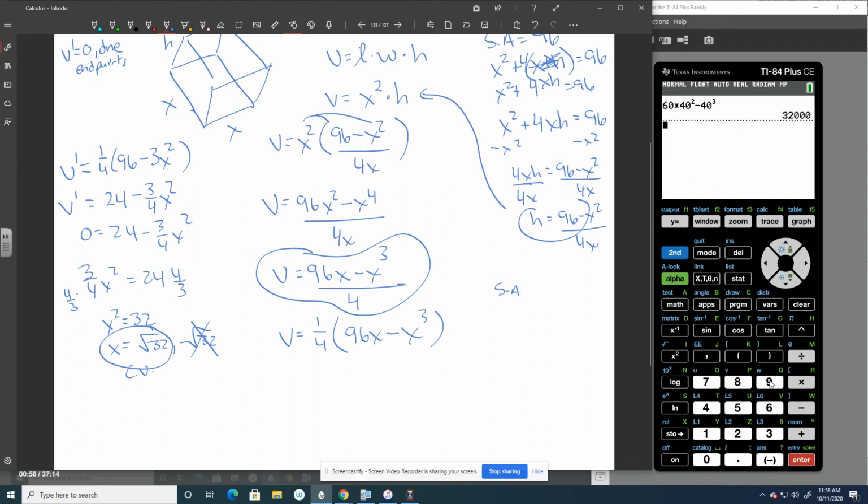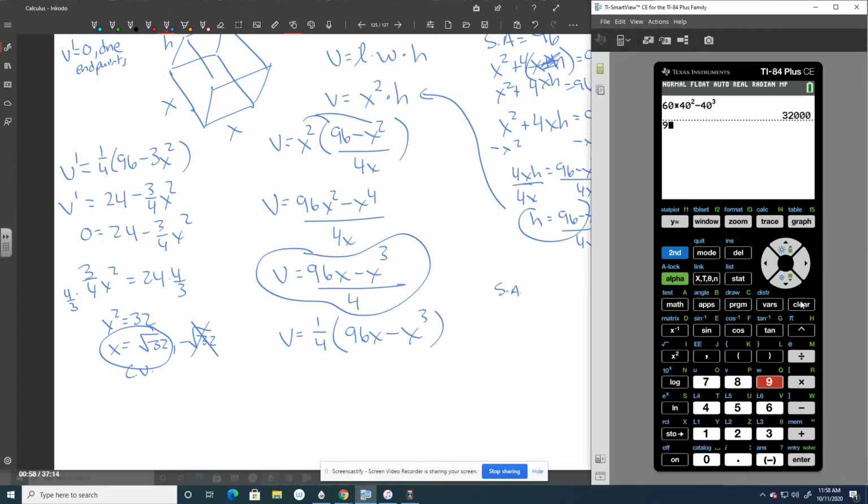So I'm going to go ahead and go 96. Actually, maybe we're okay. We're just dividing by 4. 96 times root 32 minus root 32 cubed. So let's go root 32 raised to the third power. Whoa, what happened? Delete that. That's what happened.